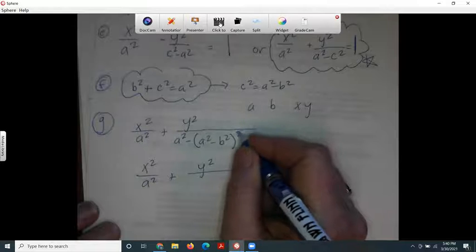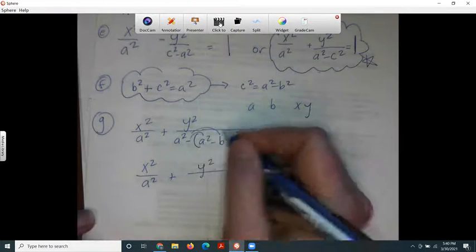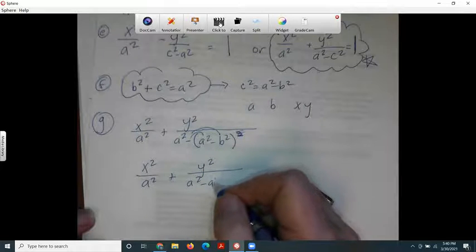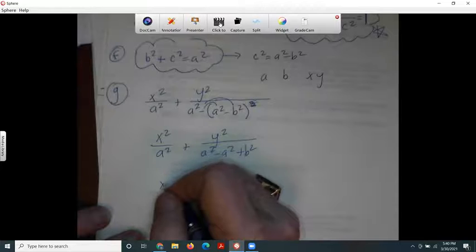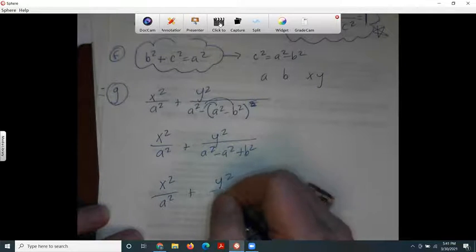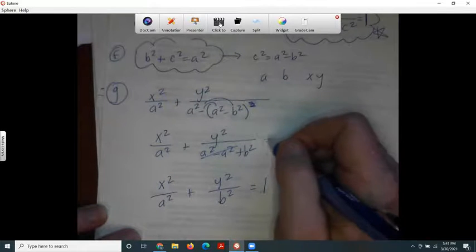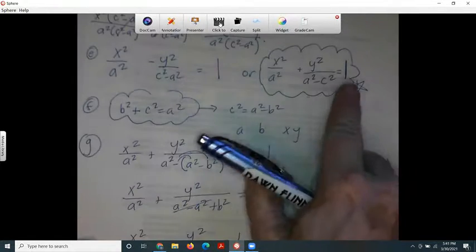Oh, I don't have to square it though. It's not that horrible as I thought. So this would be A squared minus A squared plus B squared. Sorry, it always equaled 1.